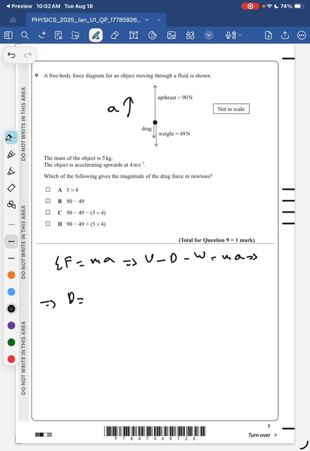So drag is upthrust minus weight minus mass times acceleration. So 90 minus 49 minus 5 kilograms times 4. So that's option C, right? Okay, and so the final question in section A.